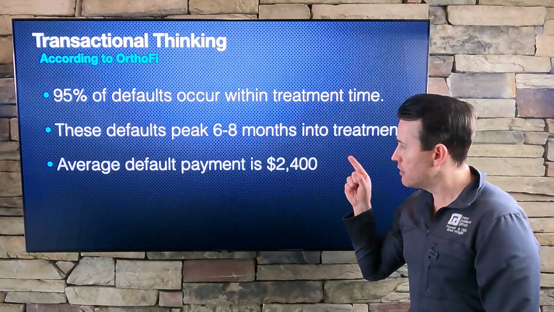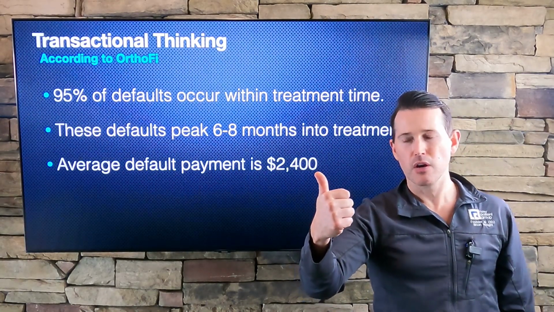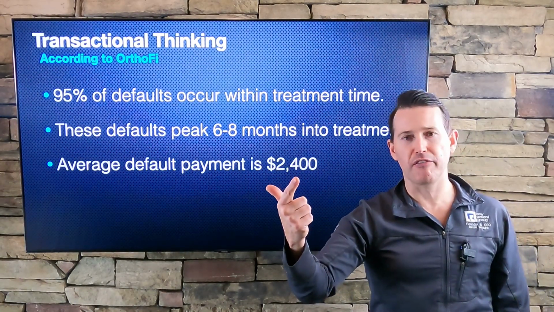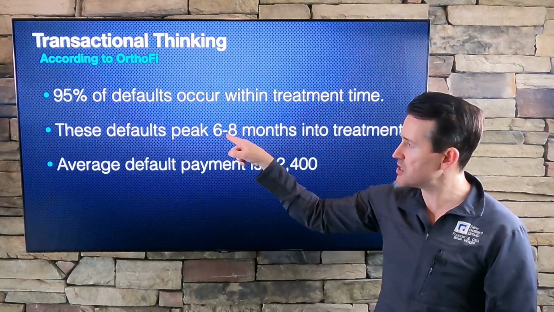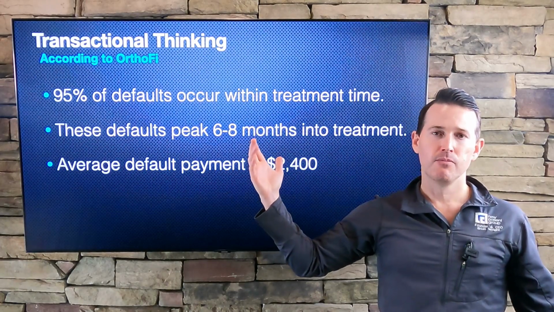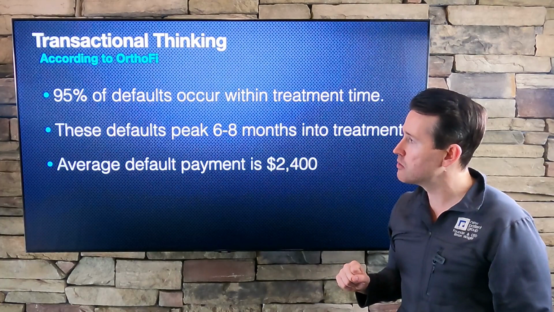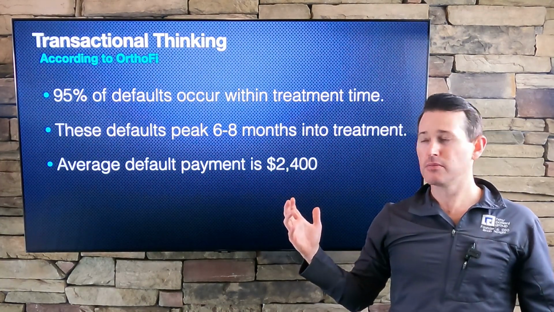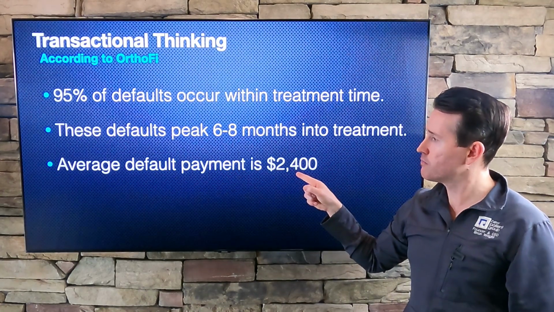So you've got $2,400, it paid the lab fee, right? It also probably paid for some other stuff. You at minimum broke even with $2,400 if at 6 to 8 months they stop paying. Again, back to 95% pay fine. But the 5% that don't, well, guess what? It's 6 to 8 months into treatment and it's $2,400, okay?